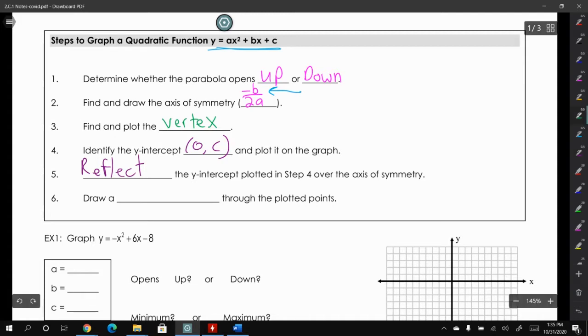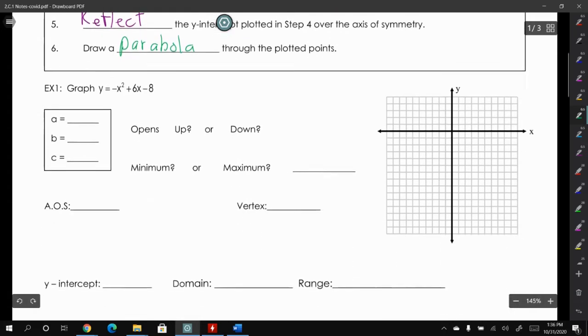And then we draw a parabola through the plotted points. So let's see how that is graphed.